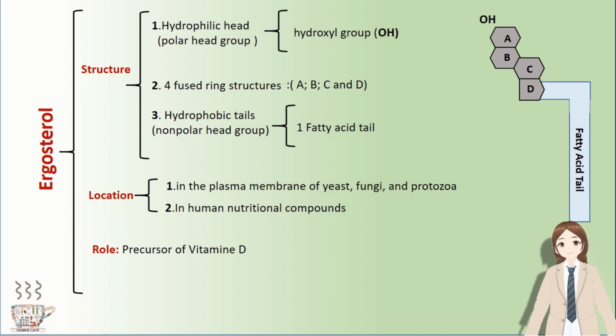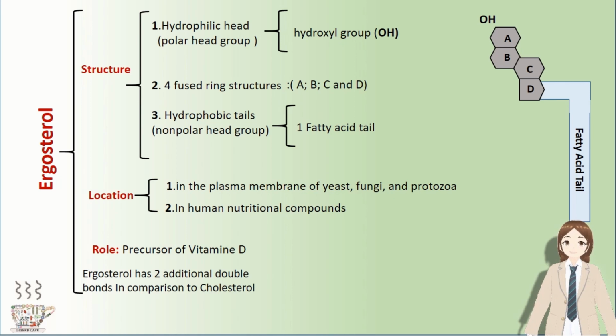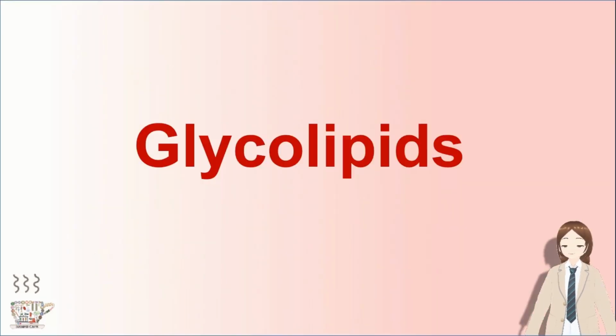Role of ergosterol is precursor of vitamin D. Ergosterol has two additional double bonds in comparison to cholesterol. One double bond in a ring and another double bond in fatty acid chain.